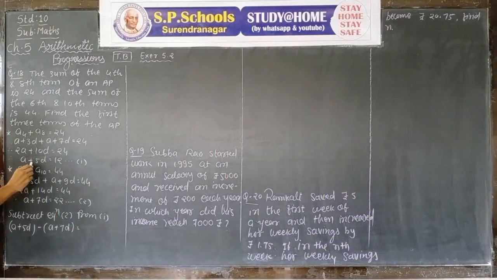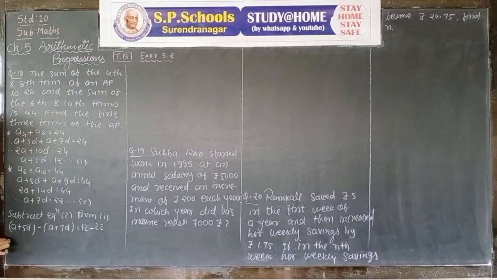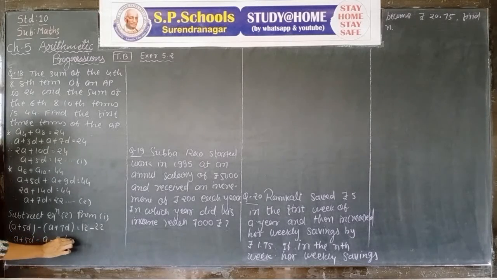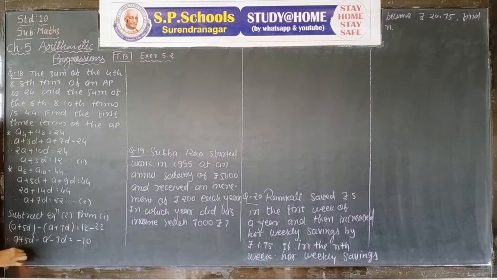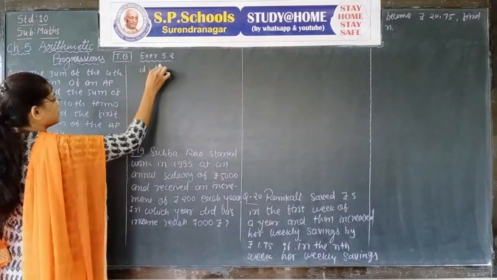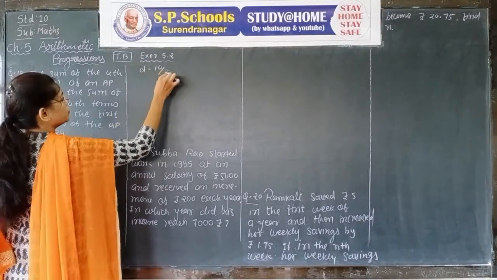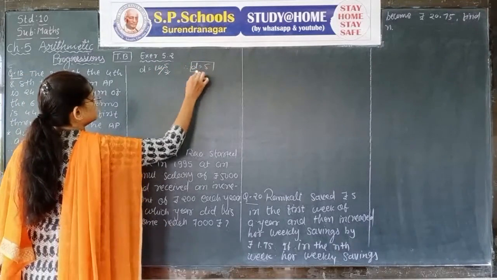A plus 5D is equal to 12, minus A plus 7D is 22. Open the bracket. A plus 5D minus A minus 7D is equal to minus 10. A cuts. 5 minus 7 is minus 2D is equal to minus 10. Minus minus is cut. D is equal to 10 upon 2. 2 5s are 10. Therefore, the value of D is 5.